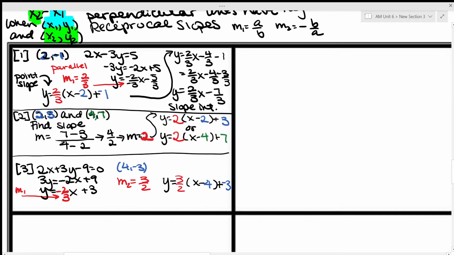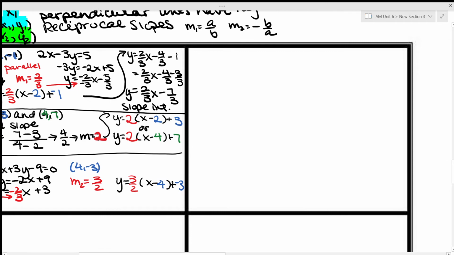I'm going to do functions right here in the next box, so that'll be 4 through 10. How I'm going to split up my box is these are functions, these are not functions. So I'm going to draw a vertical line right down the middle, and I'm going to say functions on the left and not functions on the right.